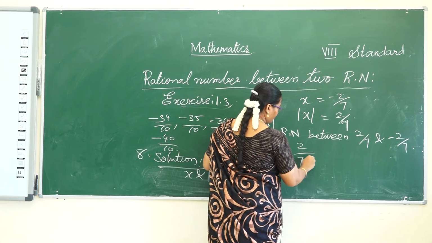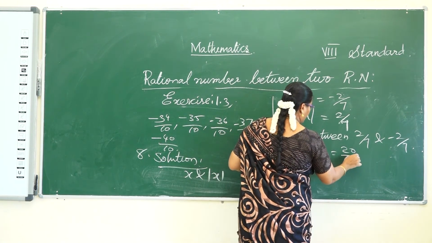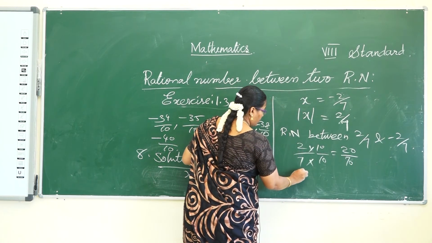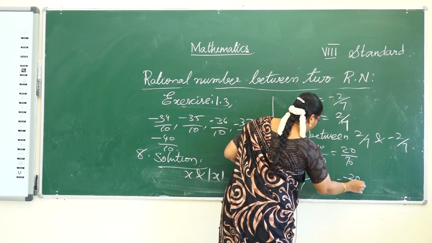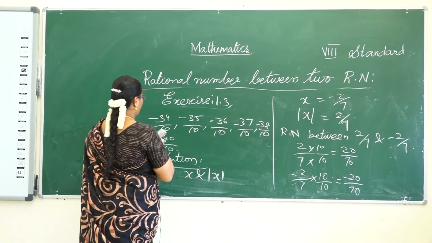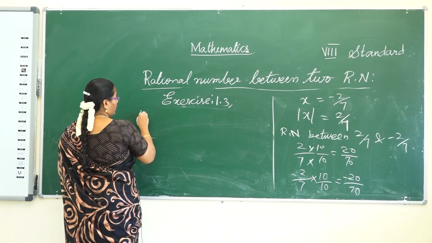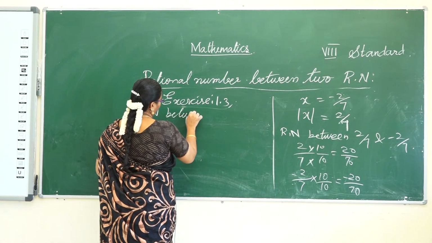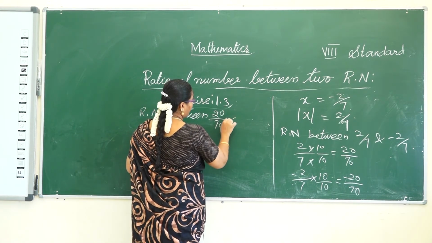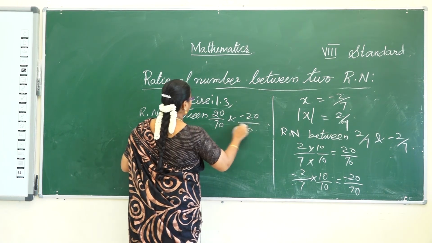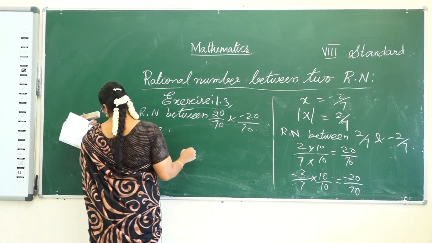2 by 7, multiply by 10: 20 by 70, as in the second method I have followed. Okay, 2 by 7 into 10 by 10, so minus 20 by 70. The rational numbers between 20 by 70 and minus 20 by 70 are, how many numbers?